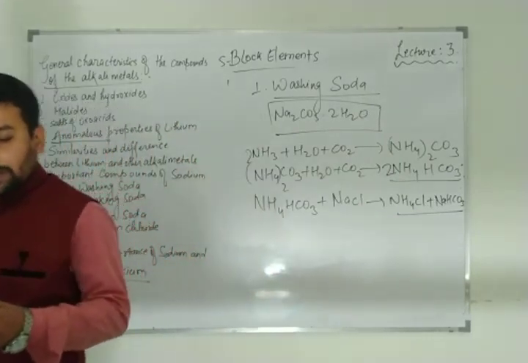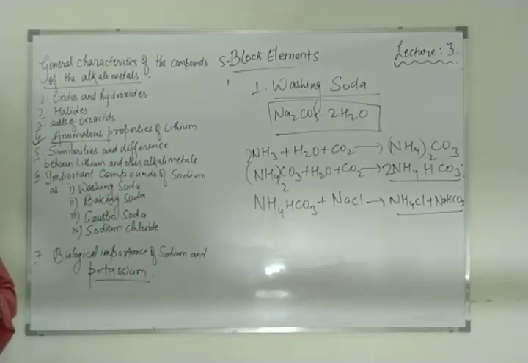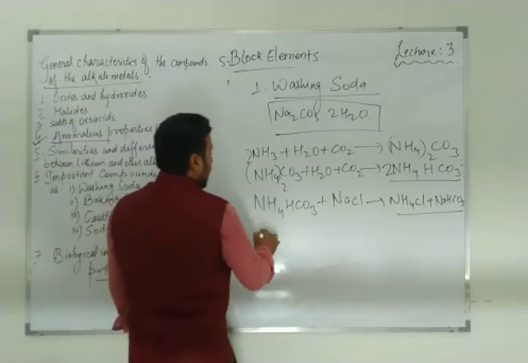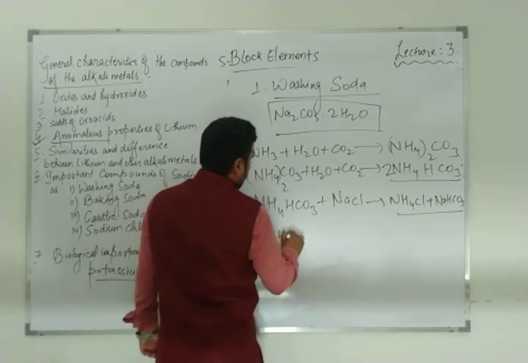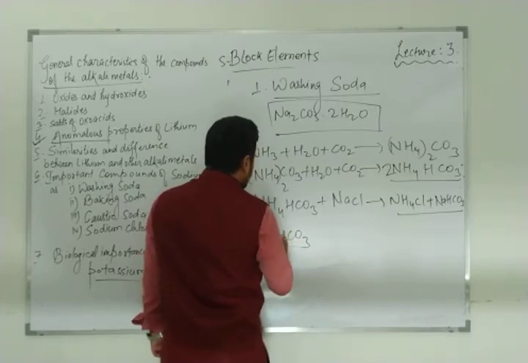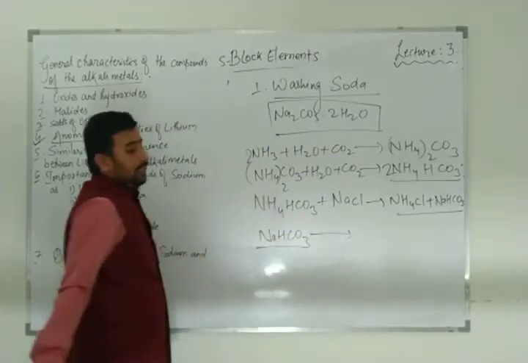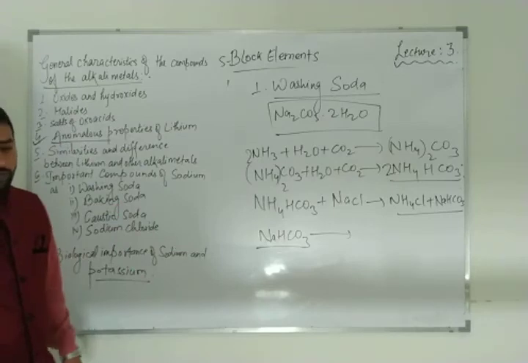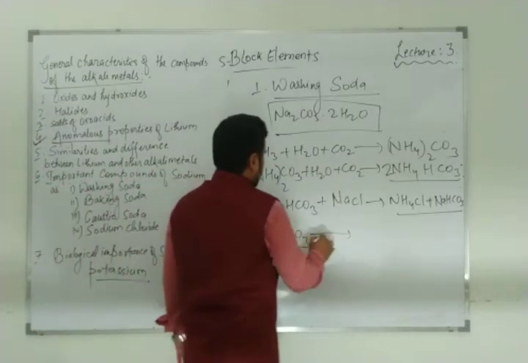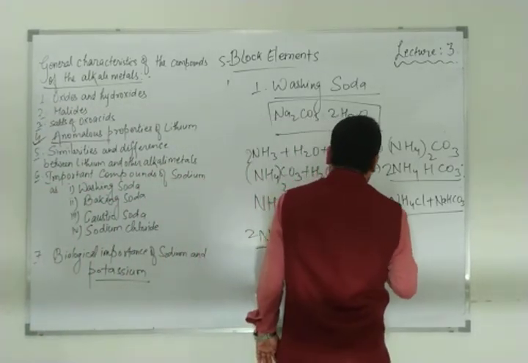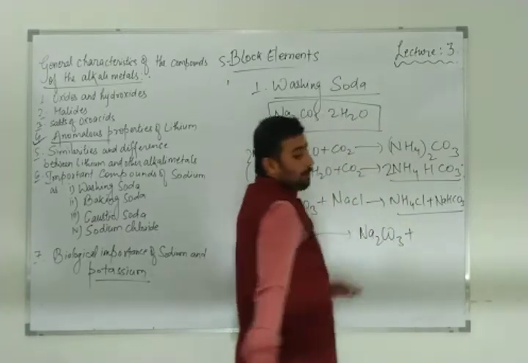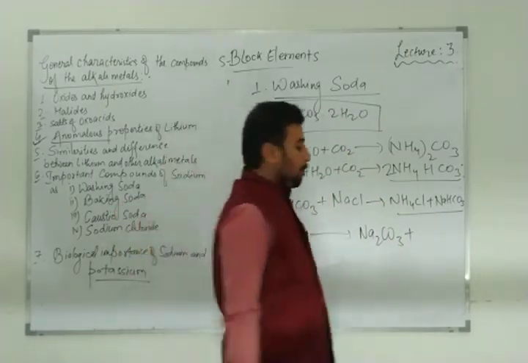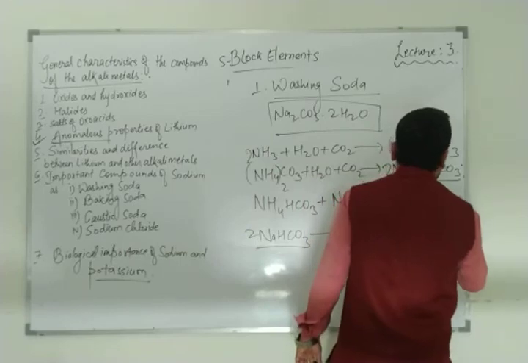So this sodium hydrogen carbonate crystal separates, and when heated it gives sodium carbonate. This NaHCO3, sodium hydrogen carbonate, is converted into sodium carbonate, Na2CO3, plus carbon dioxide and water. Okay, plus carbon dioxide and water.